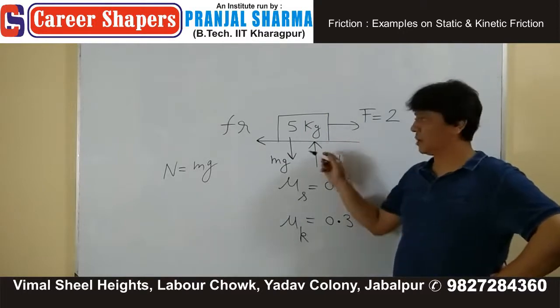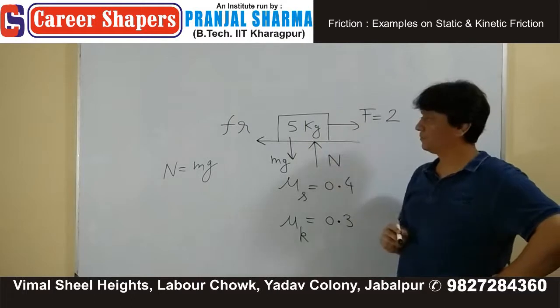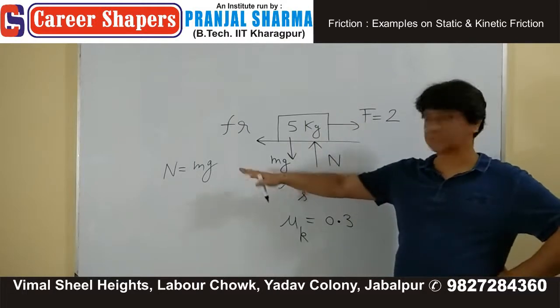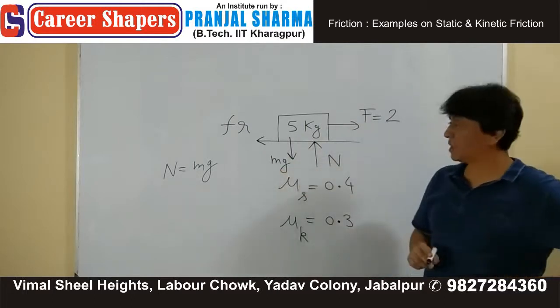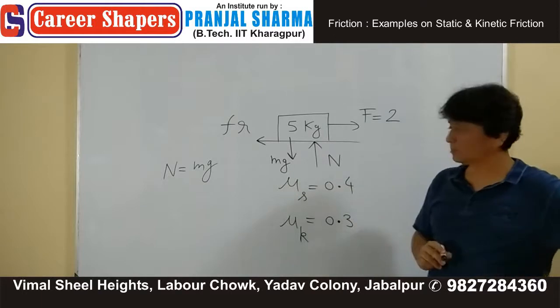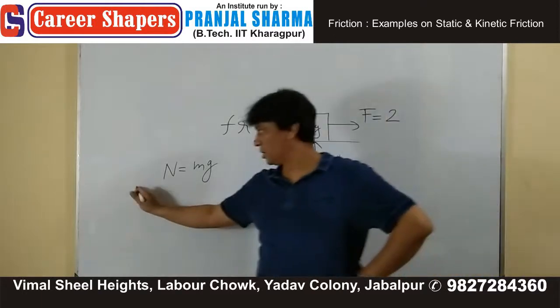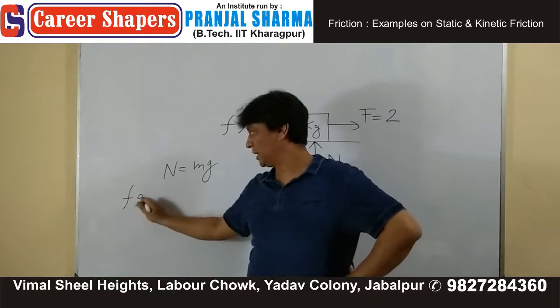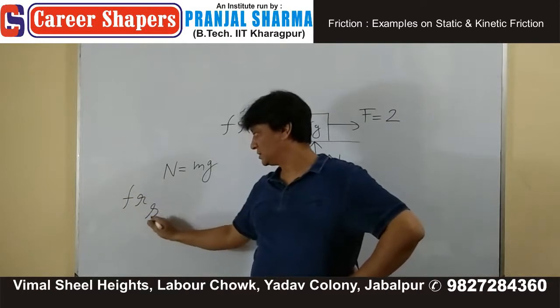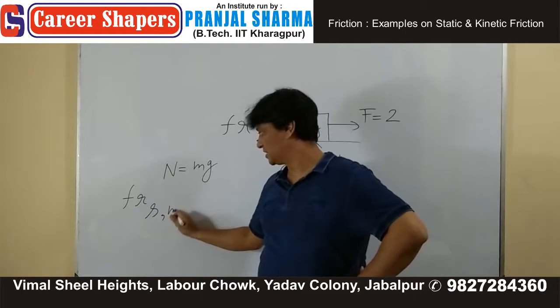But right now this block is not going up or down, and therefore normal reaction is simply mg. Why did we calculate normal reaction? Because we need to calculate Fr static maximum.